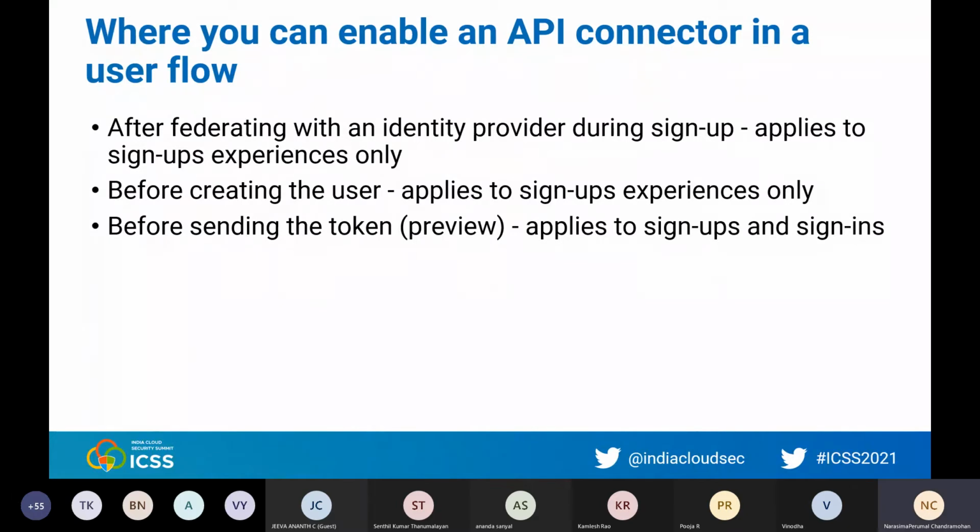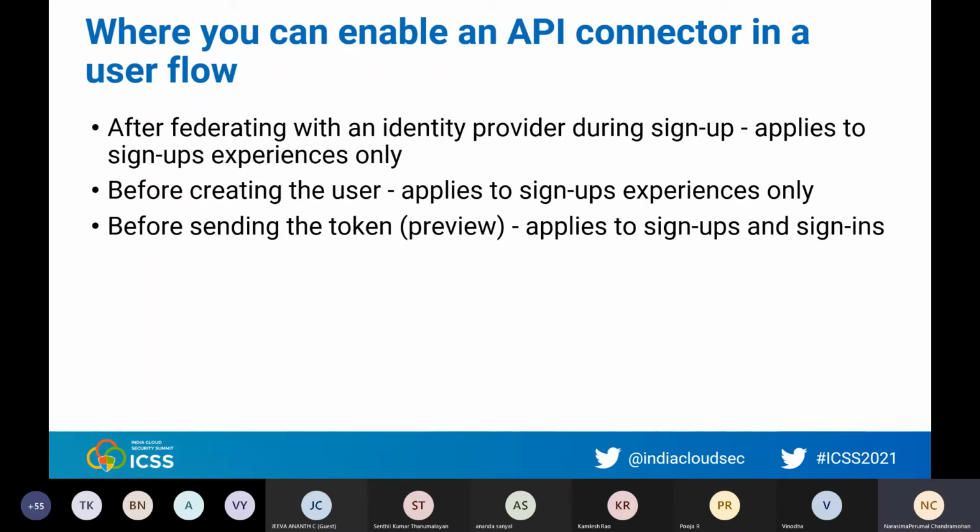You can enable these API connectors before a user has been created, that is, during the sign up process. Just before the sign up process is going to complete, you can enable this API connector. For example, the user has provided all the details, and consider that only users with specific domains are allowed.